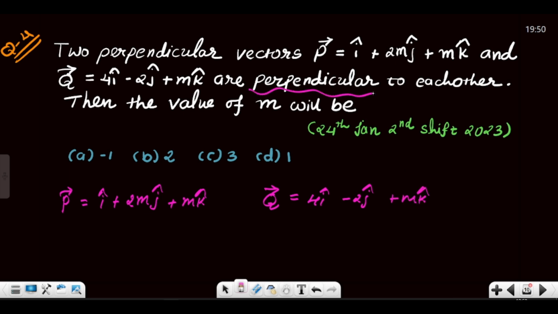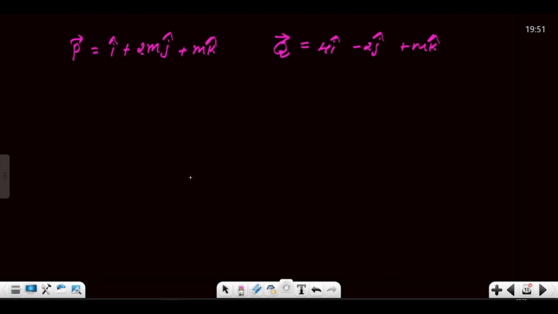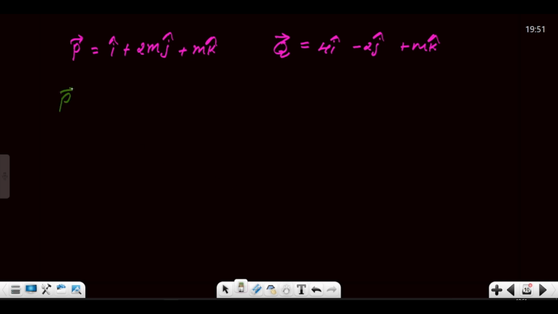Perpendicular to each other means we can write this as vector P dot vector Q equals PQ cos theta equals PQ cos 90 equals 0. The dot product of these two vectors will come out as 0.